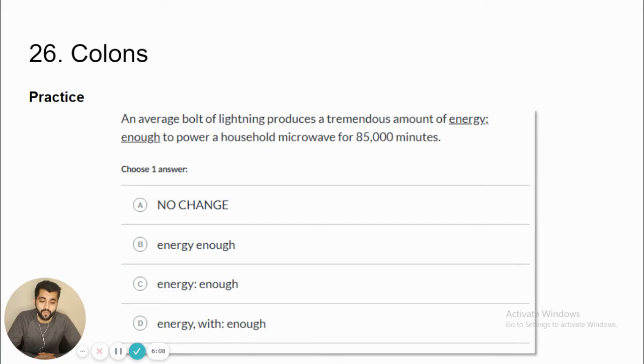This doesn't have a subject, right? So this isn't an independent clause, it's a dependent clause. And you can't use a semicolon to link an independent and dependent clause. The second part of the sentence also looks like an explanation, so we can use a colon. If we look at the options, option number C includes a colon, so that's why option number C is the correct option.